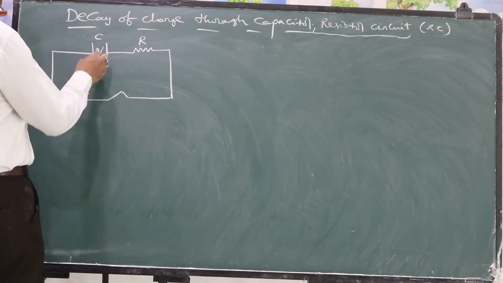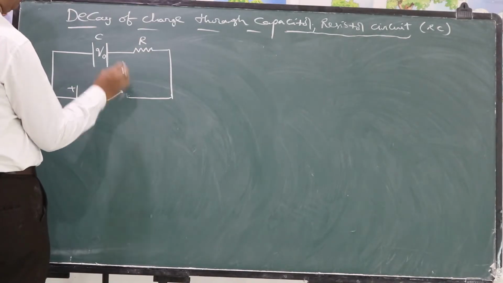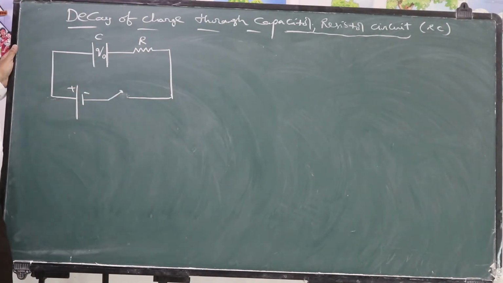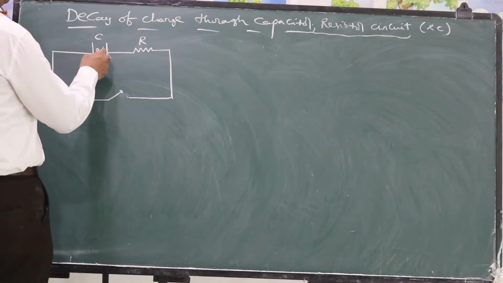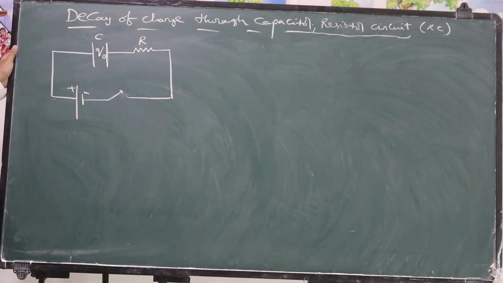Once the capacitor is fully charged, I remove the contact, or I open the key. Then this charge will decay its value through this resistor.